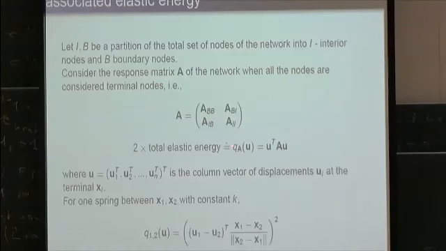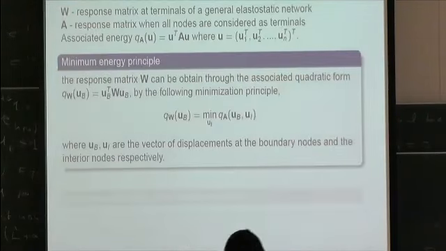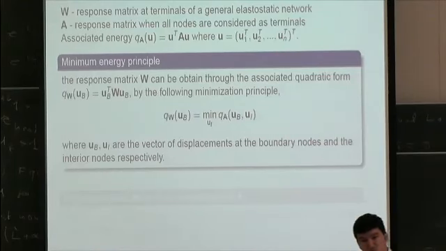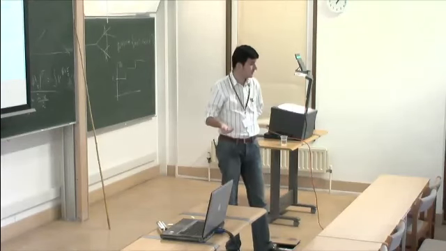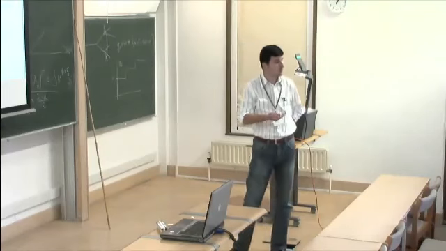So the next step, once you have the energy of the network when all the nodes are terminals, is to formulate the minimization principle in order to find the response matrix at the terminals. The only thing you are free to touch are the terminals, and whatever input you put there, you measure the output.